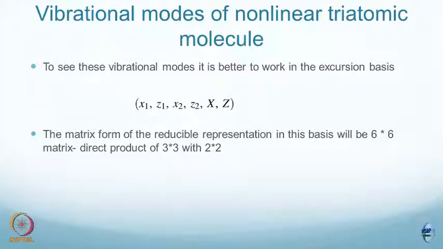Let me write my 6 cross 6 matrices, and from there I would like to use the tools of character table, projectors, decomposition into irreducible representation, and fix which linear combination is actually the basis for the vibrational modes of your water molecule. Is that clear? Are you all with me?